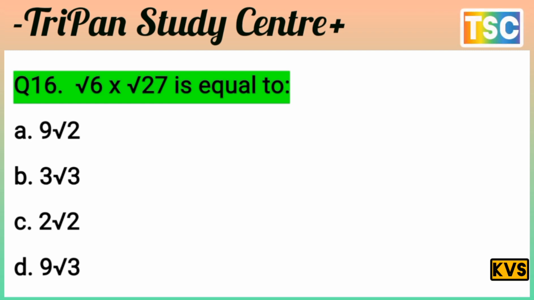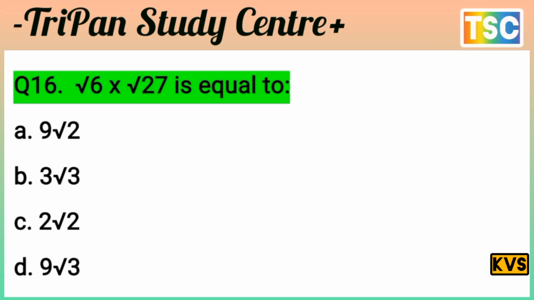I understand. Under root 6 is under root 2 into 3, and 27 is 3 into 3 into 3, all under root. The pair of 3s comes out, and 3 into 3 is 9.